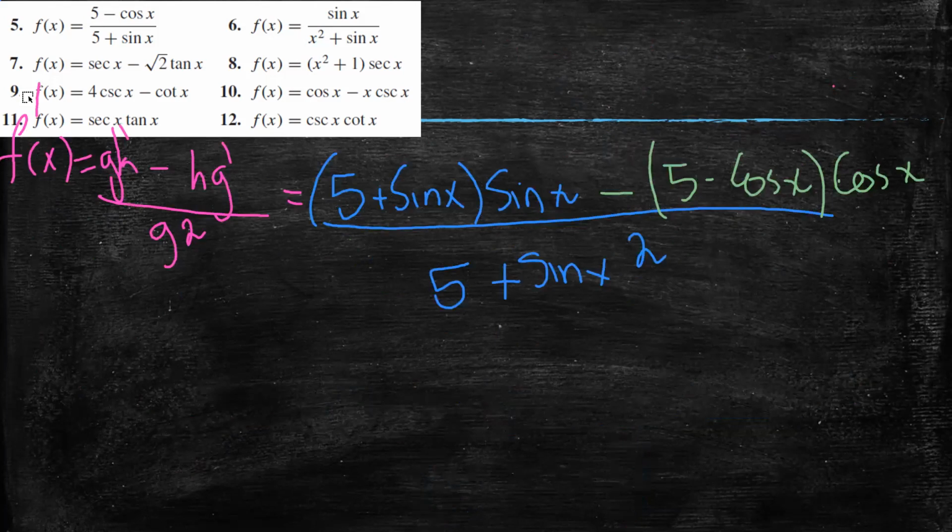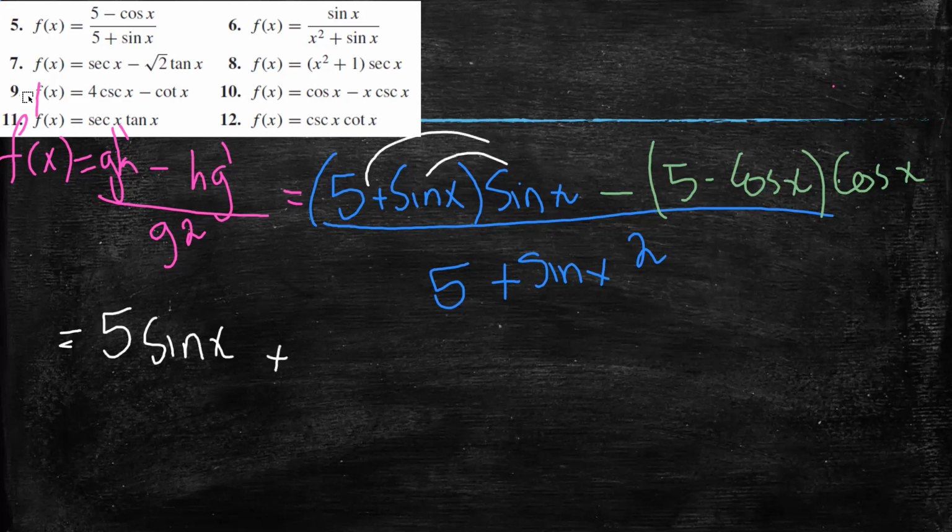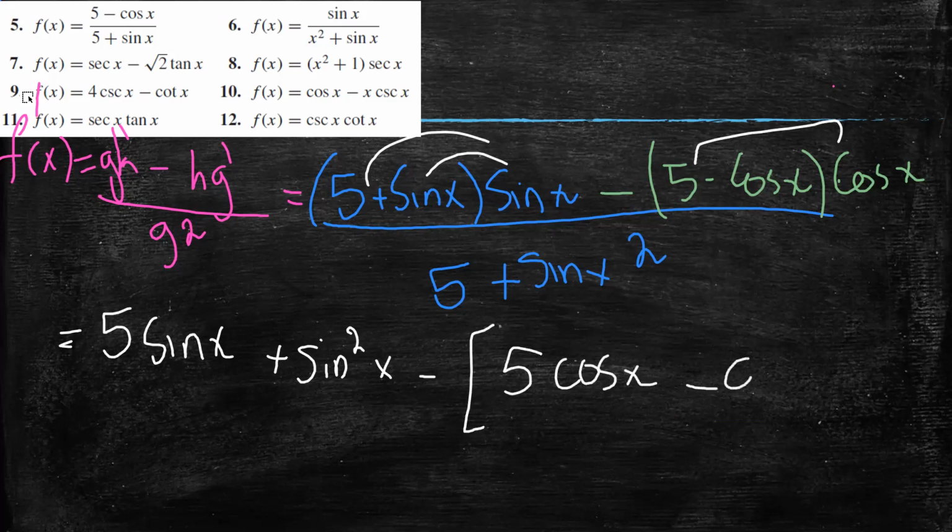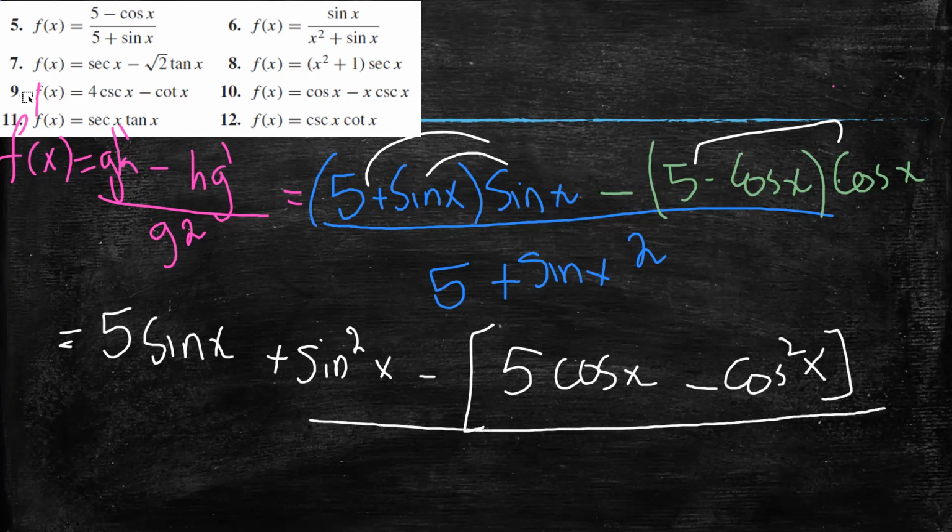Then let's multiply it now. 5 sine x plus sine squared x minus, let's multiply it now, 5 times cosine would have 5 cosine x minus cosine squared x over 5 plus sine x squared.